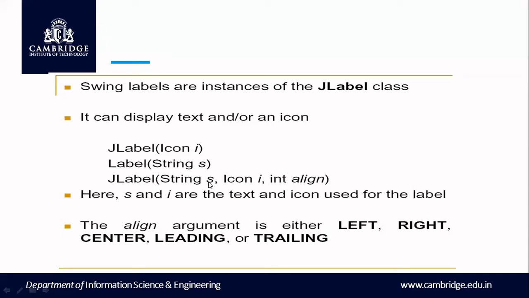JLabel(String s, Icon i, int align). S and I are the text and icon parameters, whereas for align, you have to specify left, right, center, leading or trailing. These are the integer constants that have to be specified in place of align. So these are the three constructors for the JLabel class.